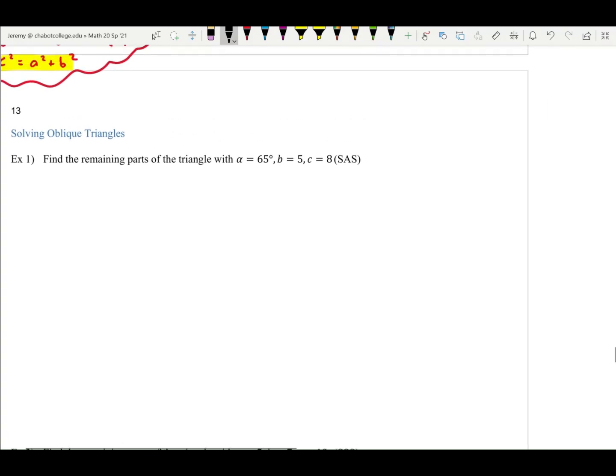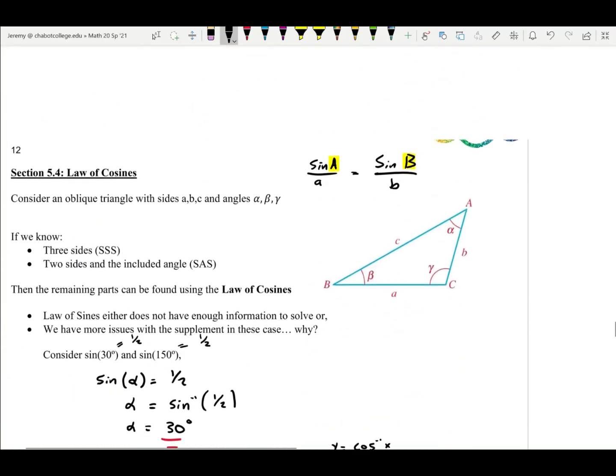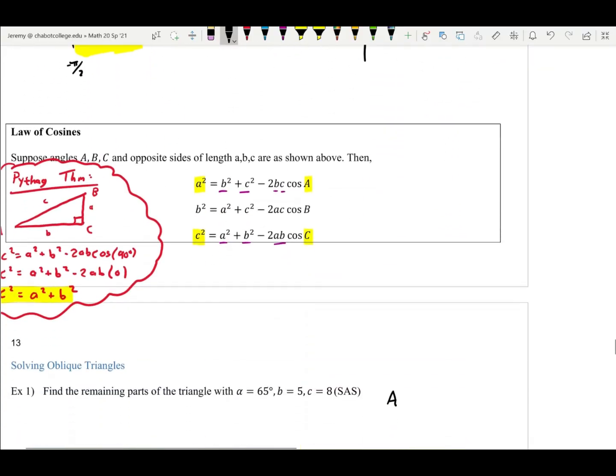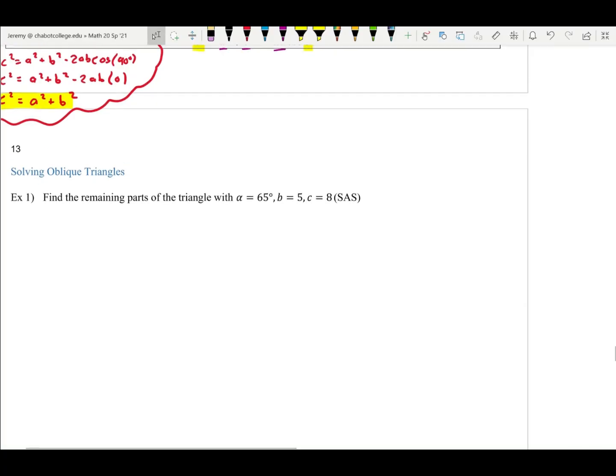I always start by drawing this. So let's say I'm going to have my triangle A, B, C, just to be consistent with the picture on the first page.